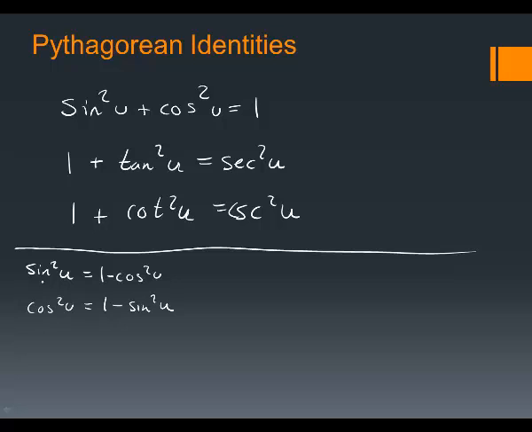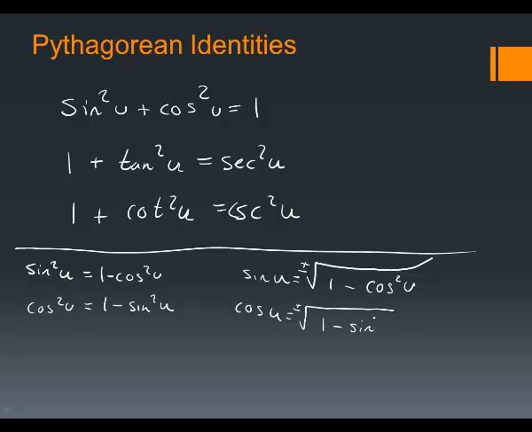And then we can take the square root of these as well. So sine u equals the square root of 1 minus cosine squared u. And we can write cosine u equals, of course, plus or minus the square root of 1 minus sine squared u.